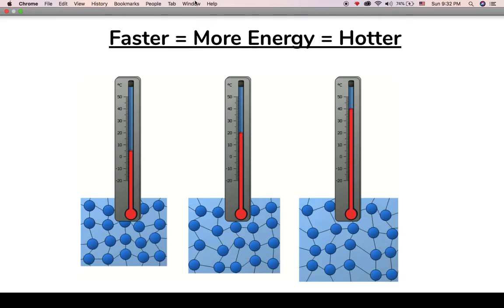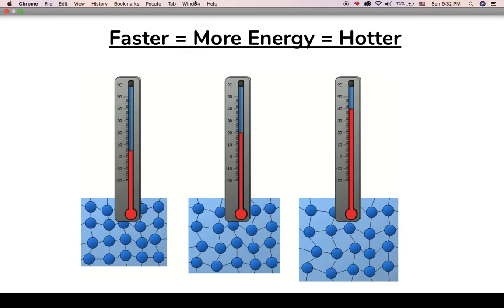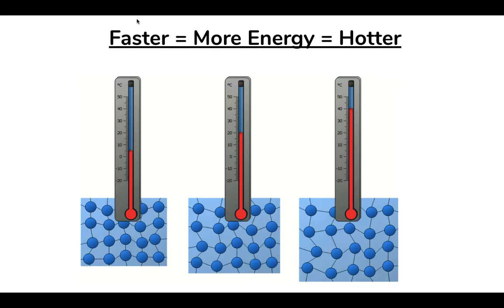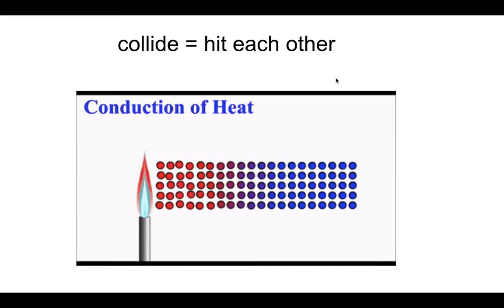The main things you need to know for this experiment is that when molecules get faster, they have more energy and they're hotter. You also need to know the word collide, which means hit each other. When particles collide or hit each other, they transfer heat. Here you can see as the particles hit each other, they are transferring the heat.